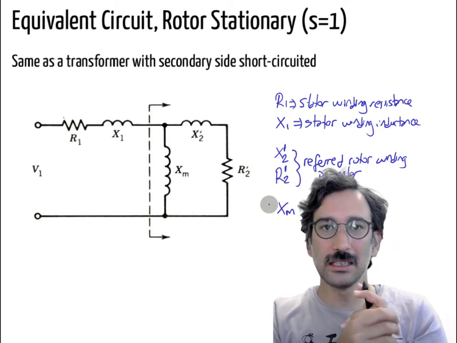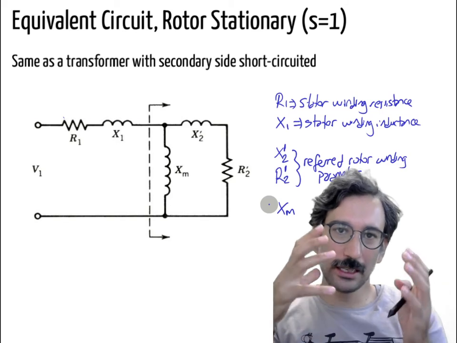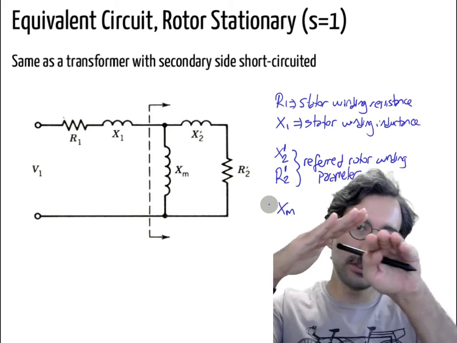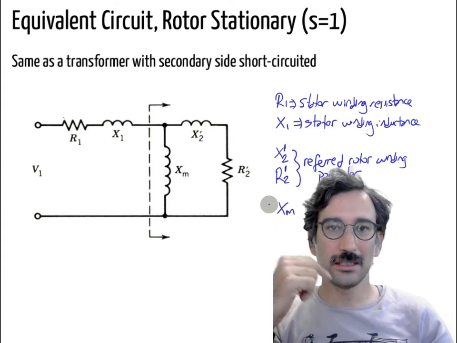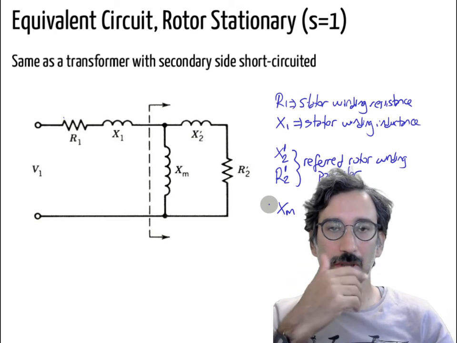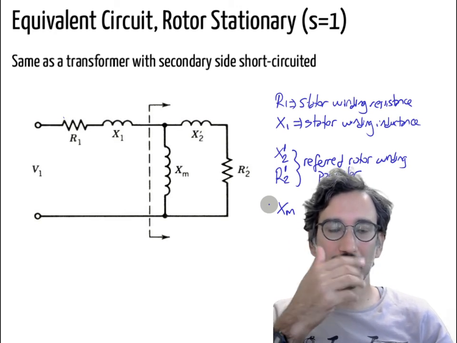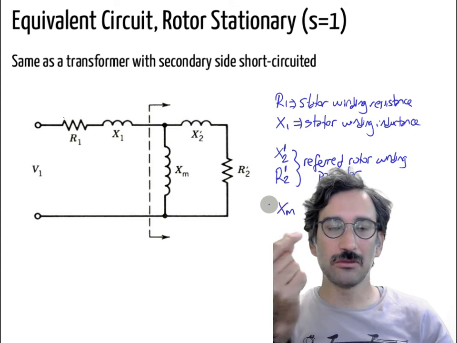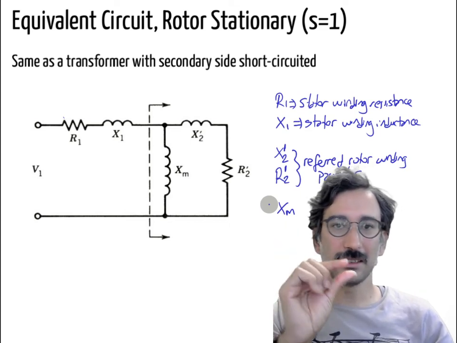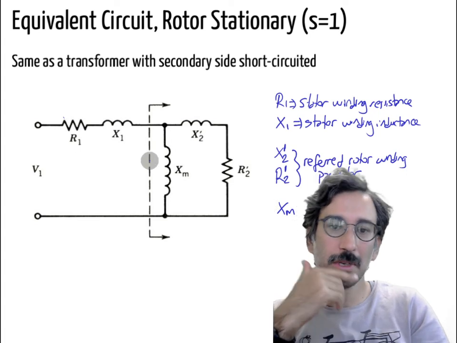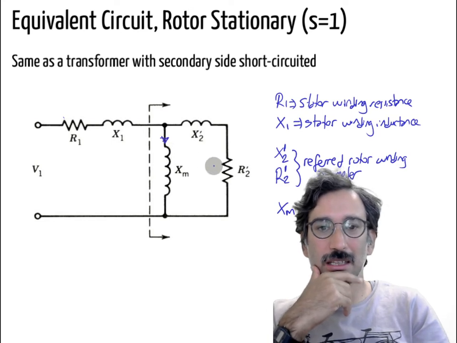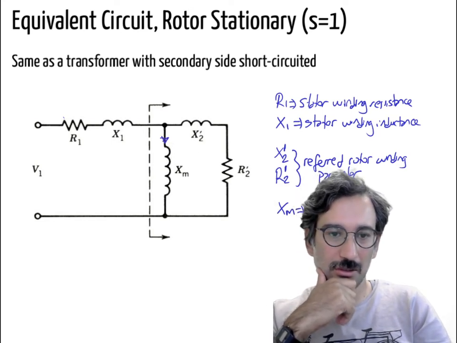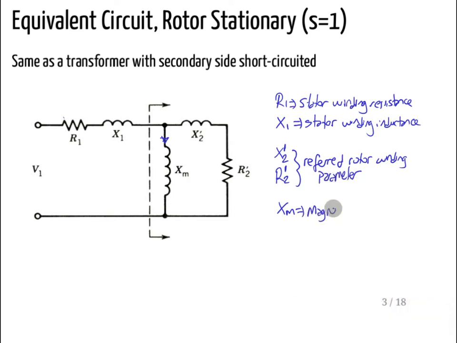In an induction machine you have to have a really small air gap, but that small air gap has a low permeability compared to the electrical steel, the main core material. Therefore you have a higher reluctance compared to transformers. So XM is usually smaller, and a smaller XM means a larger magnetizing current. Remember, this is the magnetizing inductance.